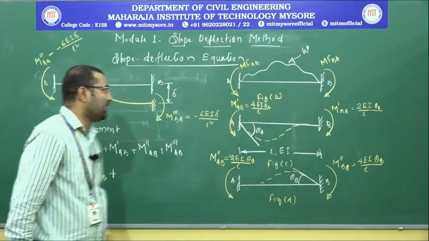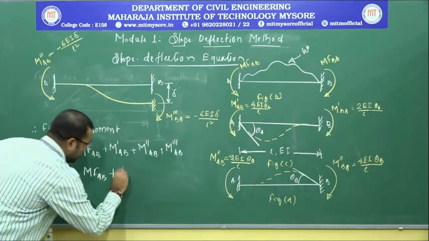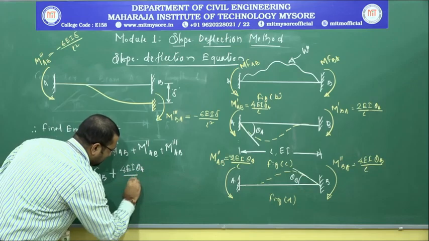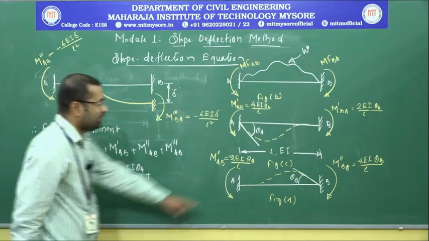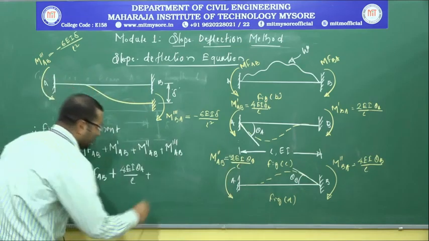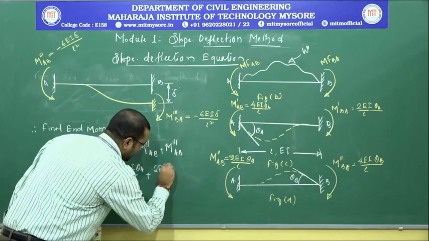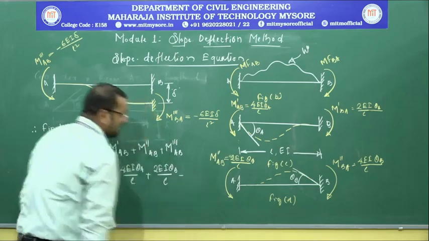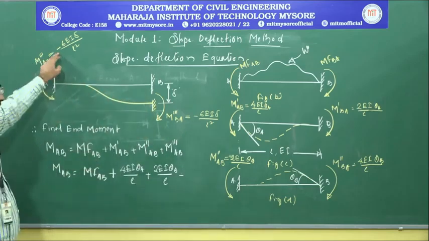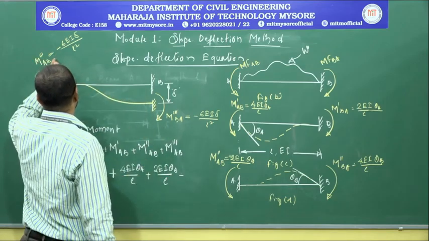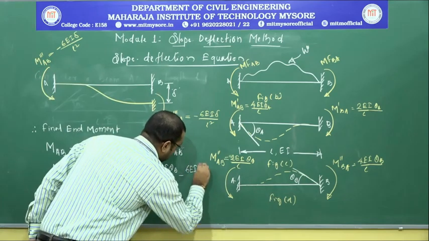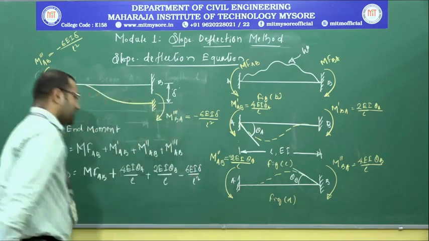M dash AB value will be 4 EI theta A by L, plus M double dash AB value will be 2 EI theta B by L, minus, because of this negative sign, M triple dash AB will be minus 6 EI delta by L square.